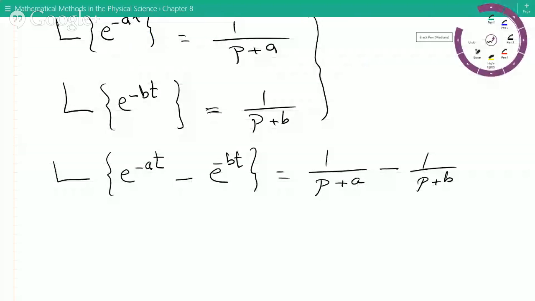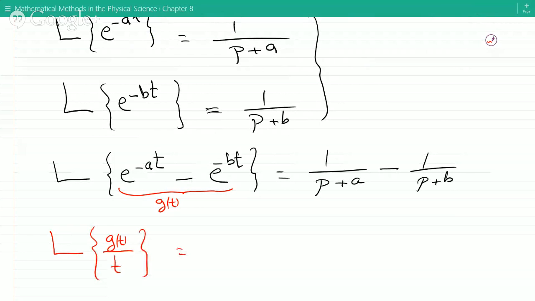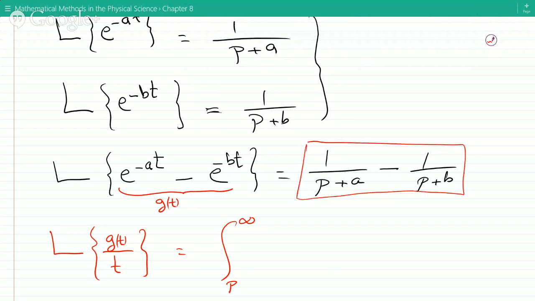So then what we're gonna say, we're gonna call this g of t, and we're gonna say that the Laplace of g of t over t, as long as it is integrable, right, is the integral from p to infinity of the Laplace of this, which is this guy here.